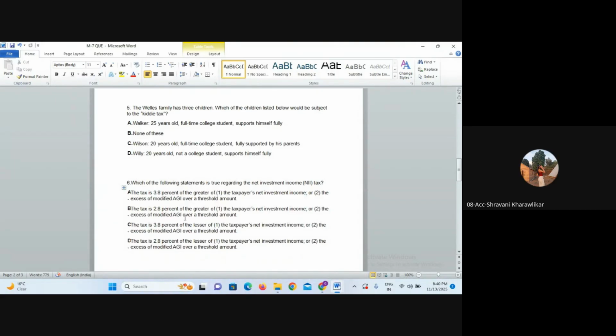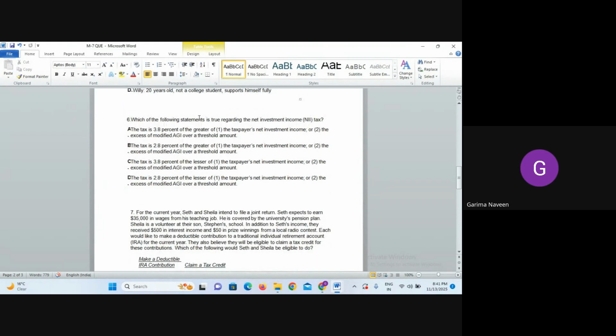Ma'am, C option. Yes, correct. Since Wilson is a full-time college student and is supported by his parents, he does not have any income of his own. So all the unearned income will be subject to the kiddie tax.